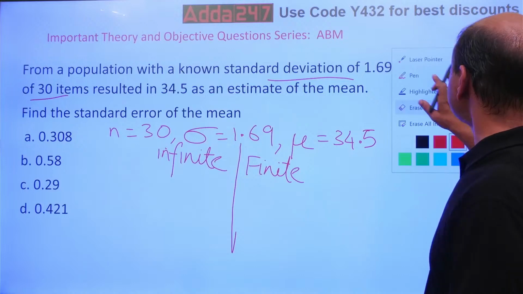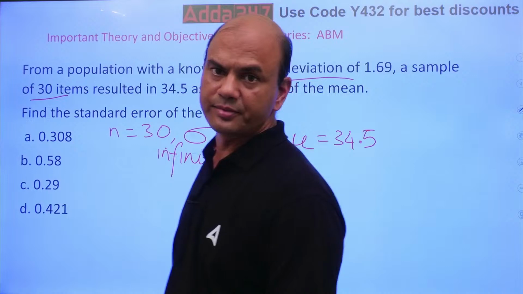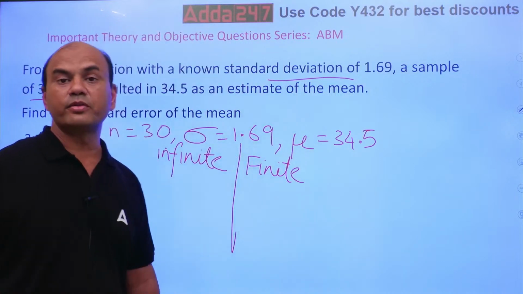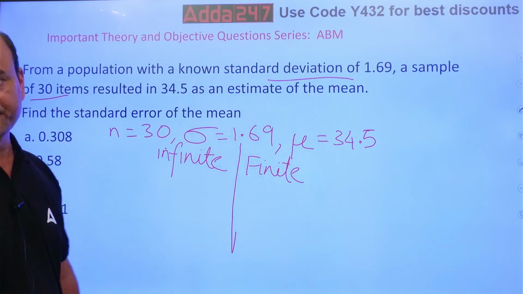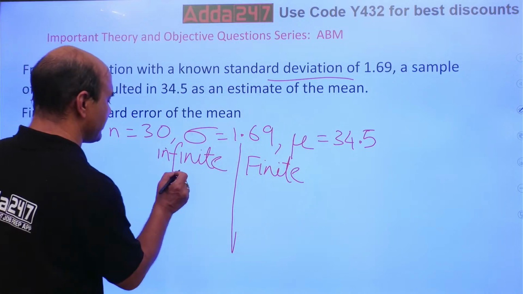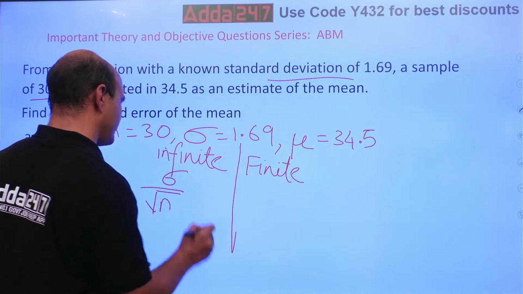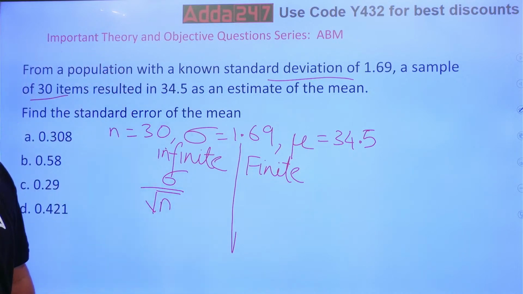Clear? So now you'll use the formula for infinite. What is the formula for infinite population? What is the standard deviation for infinite population? So sigma upon root of n. Sigma upon root of n. This is for infinite population.